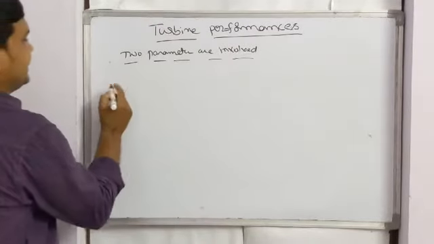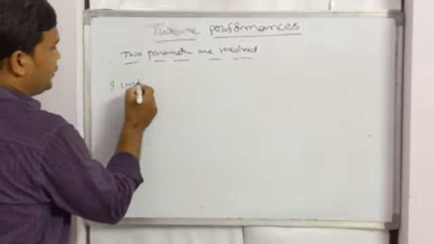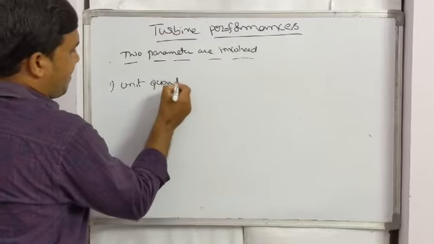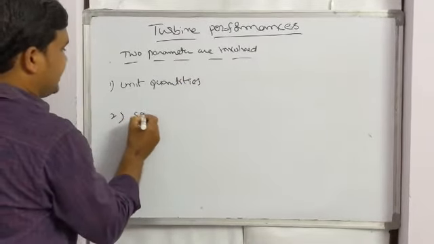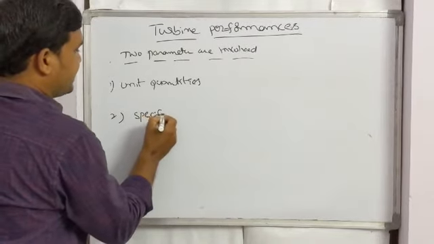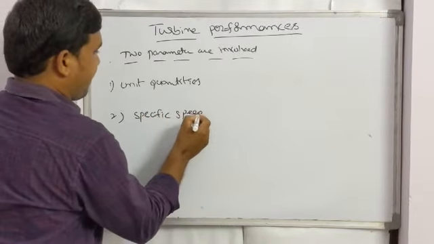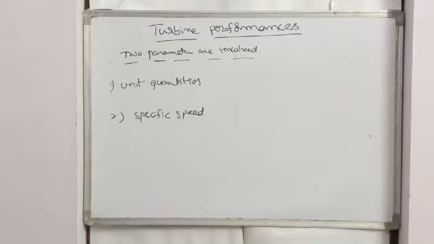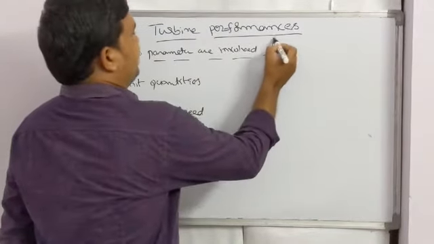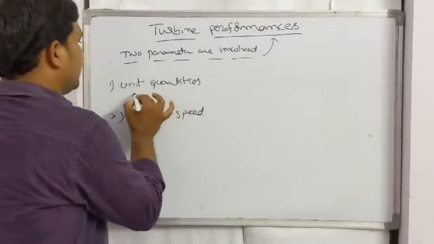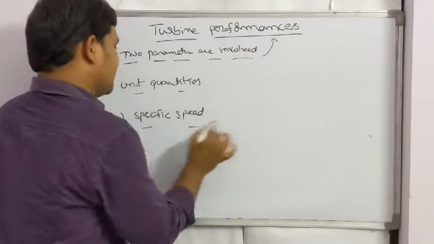The first one is unit quantities, and the second one is specific speed.